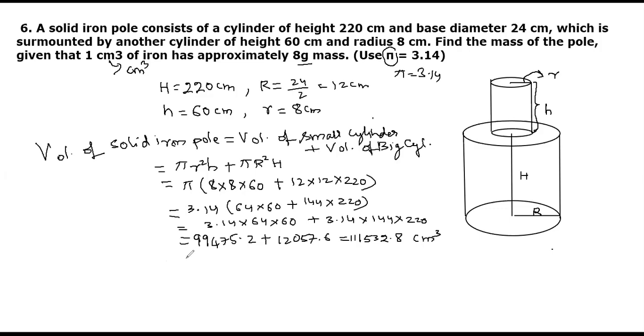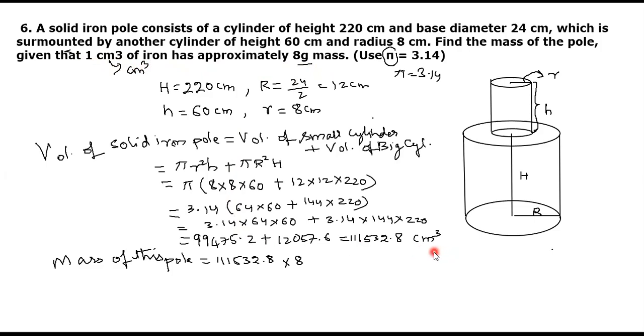Now we have to find the mass of the pole. 1 cubic centimeter is multiplied by 8, so the mass of this pole will be 111532.8 multiplied by 8, because it is given in the question: 1 cubic centimeter of iron is approximately 8 grams.